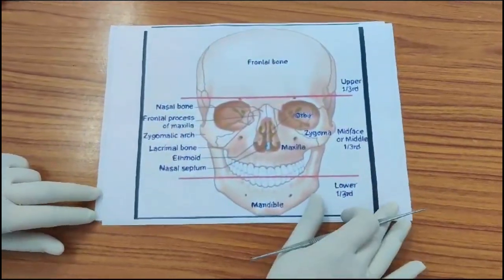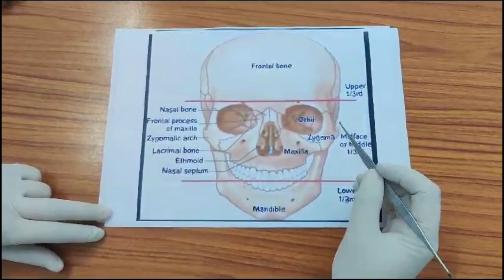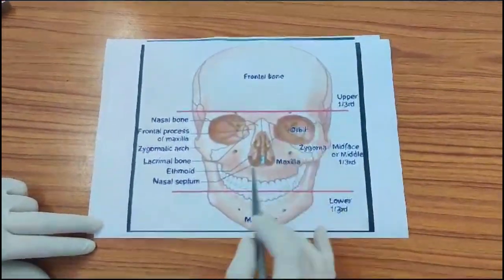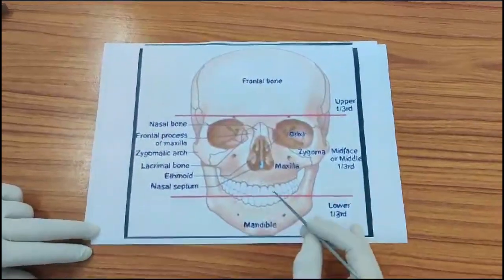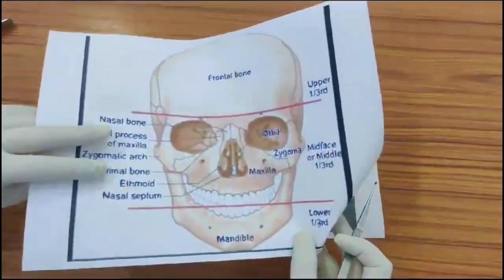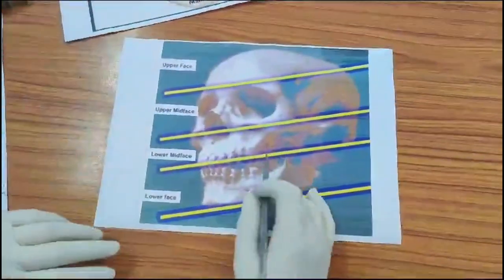In some books, instead of the two imaginary lines, one passing through the supraorbital ridge and the other passing through the upper and lower teeth junction, they have mentioned a division into four parts.